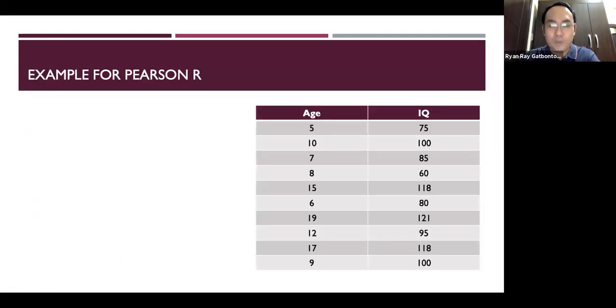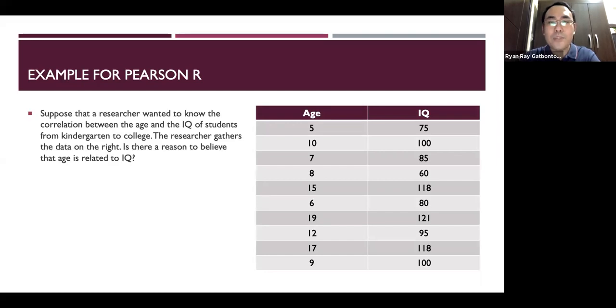So here's an example for Pearson R. Suppose that a researcher wanted to know the correlation between the age and the IQ of students from kindergarten to college. The researcher gathers the data on the right. So here's the data for the age and the IQ. Is there a reason to believe that age is related to IQ?